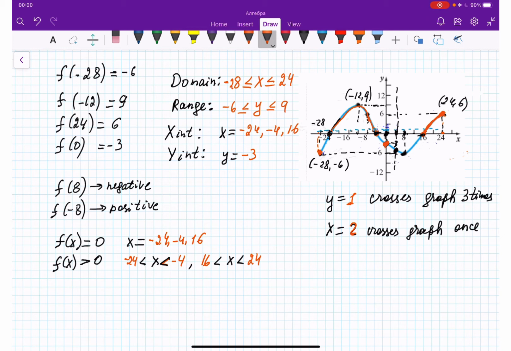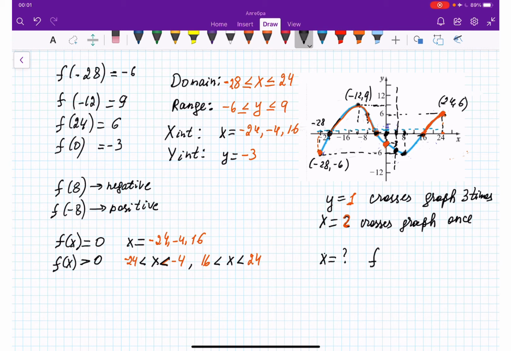Next one. For what value of x does f of x equal negative 6? Let me write it down like this. So for what value of x is f of x equal to negative 6?